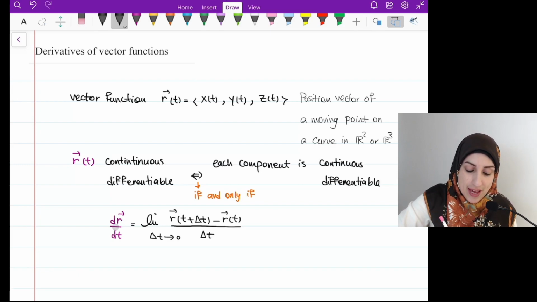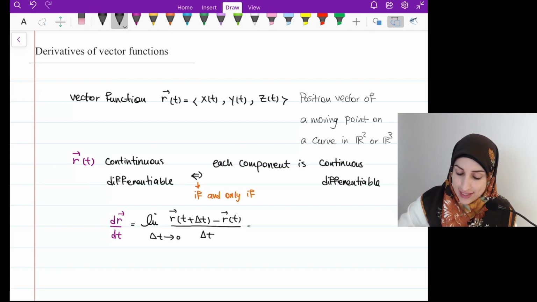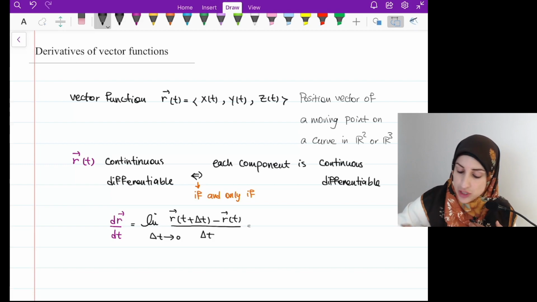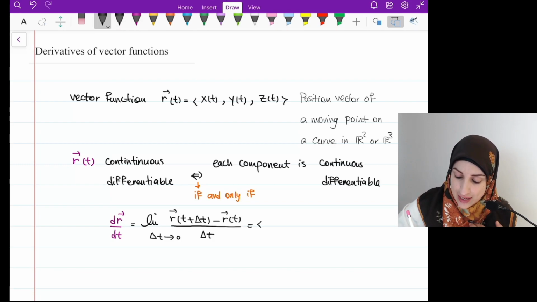It's a vector. And then if we write each of these vectors by its components and subtract the components, we basically have the derivative of the first component, the derivative of the second component, and then the derivative of the third component.